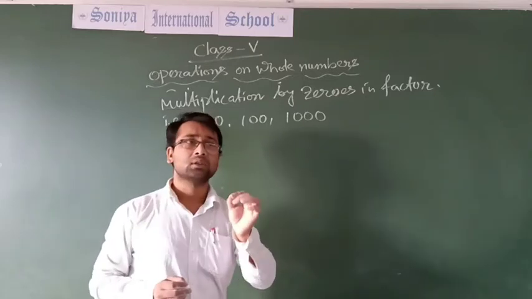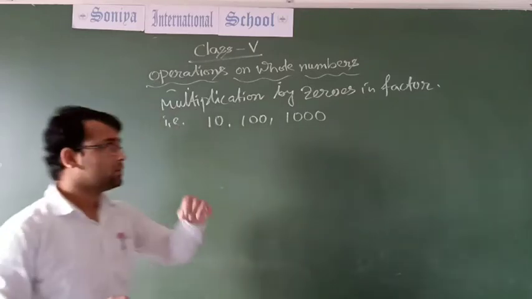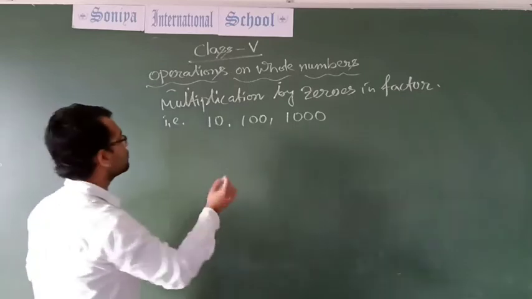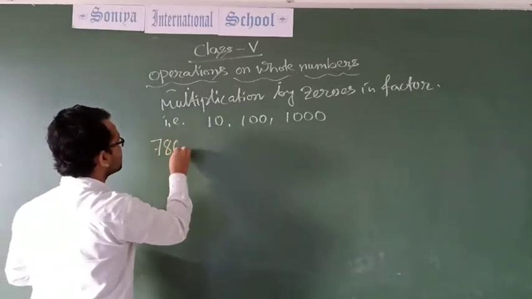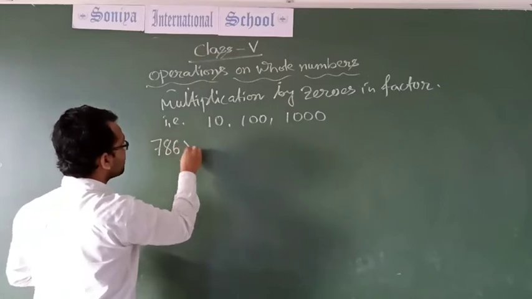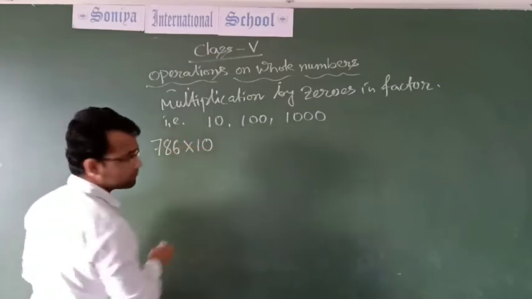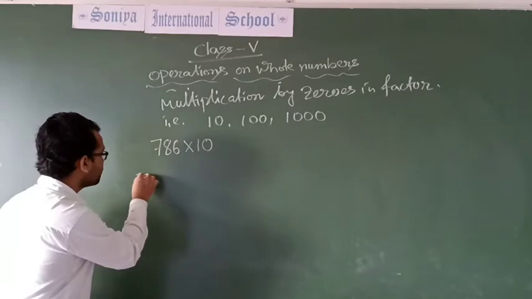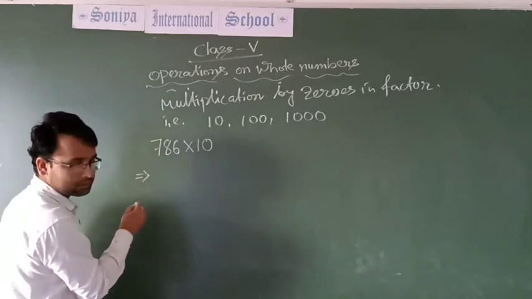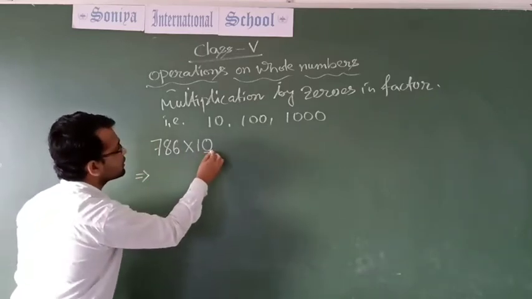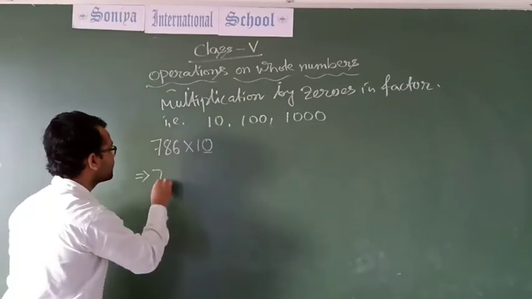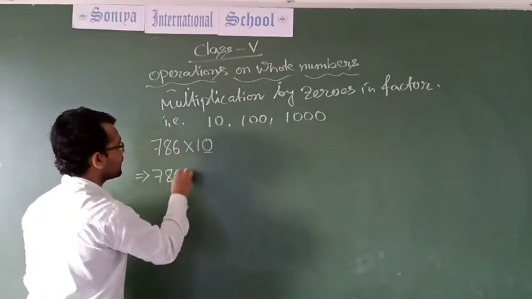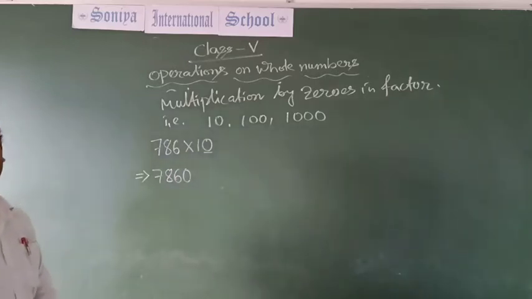So, let's see. 786 multiplied by 10. Simply we will write one zero, that means one zero is added to the right side of the given number. 786 and 0, that is 7860.